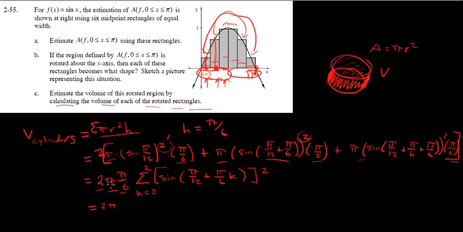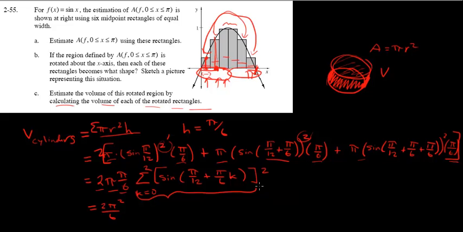2 pi times pi squared over 6. This is going to reduce to pi squared over 3 later. But now I'm going to put this in my calculator right here. Okay, so I'm going to do the sigma notation. So I go into catalog. Catalog sum.